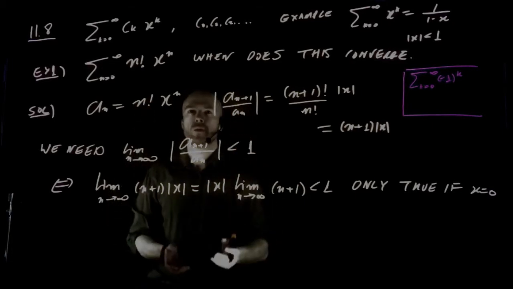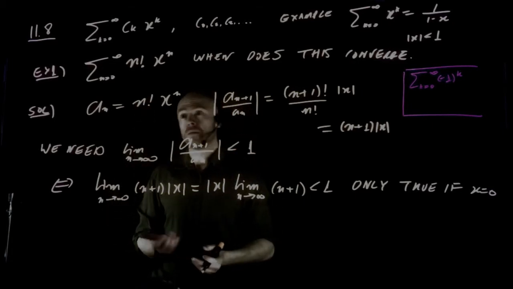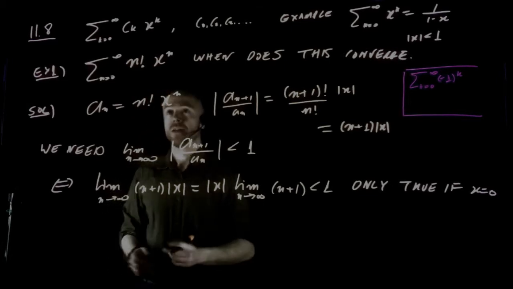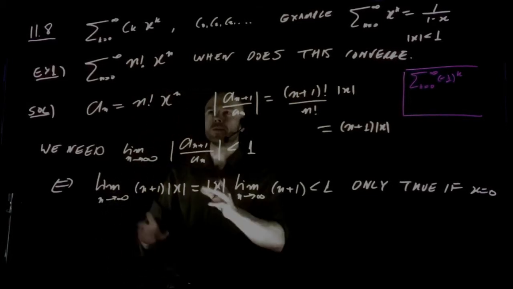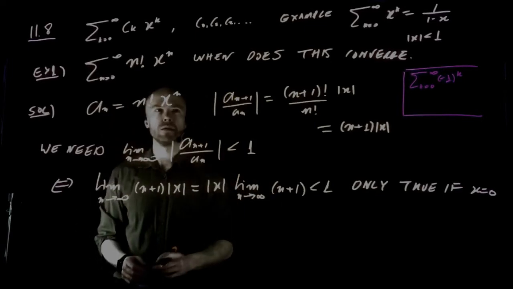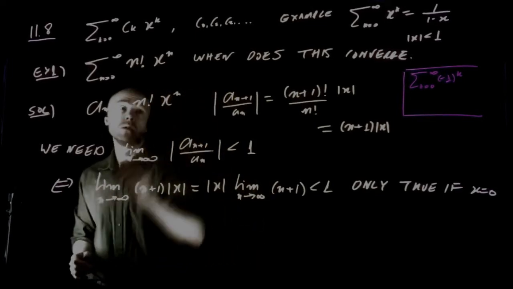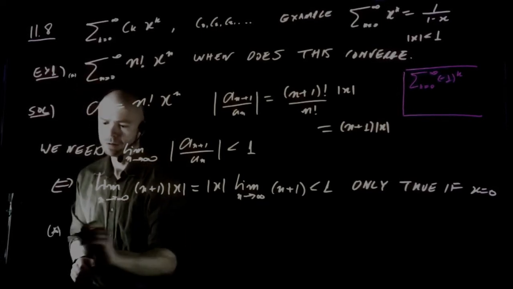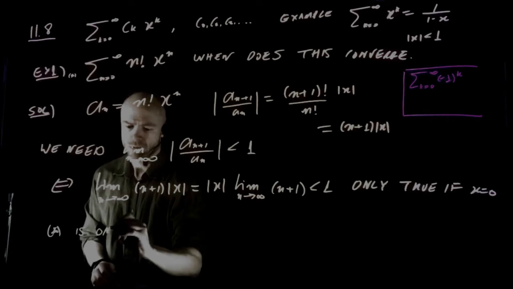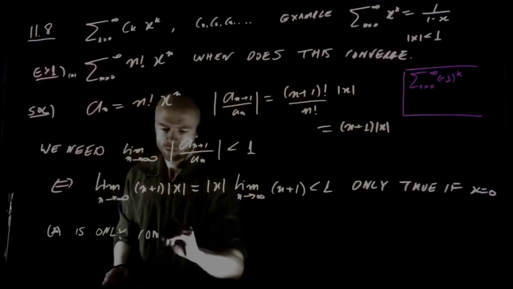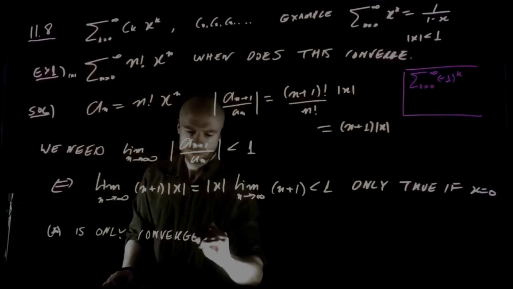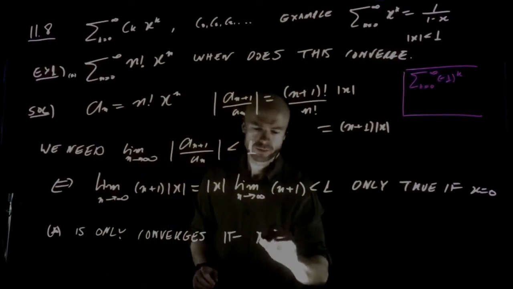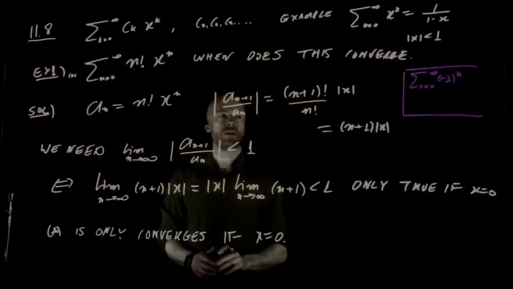This cannot converge by the ratio test. So what this means is that this expression is only meaningful when x is 0. If x is non-zero, this is a meaningless expression. So this is not a particularly interesting power series. Okay? So the star series only converges if x equals 0, otherwise it doesn't.